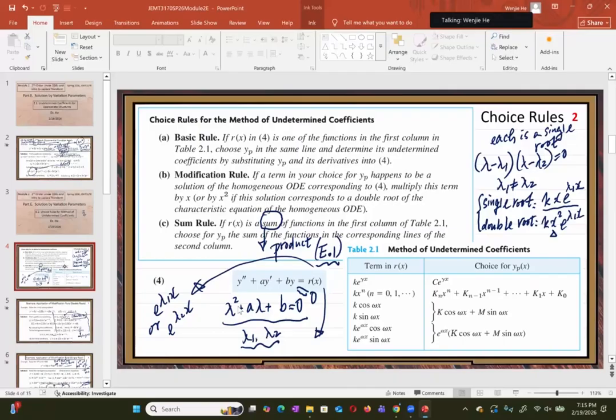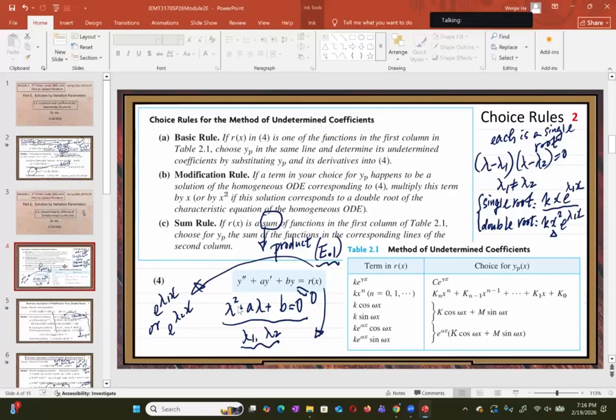So that means this function is a little special. For other functions, sine and cosine are also special. When you have a cosine, then in the second column you should have both sine and cosine, not just one, because when you take the derivative, sine comes out.